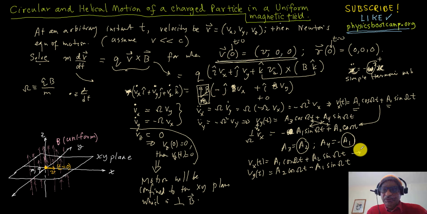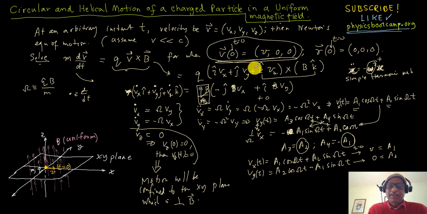At t equal to 0, this should be v, and this goes away. At t equal to 0, sine 0 is 0, so this just leaves a1, and the other one is equal to a2. So a2 is 0, a1 is v. Under this condition, we have an even simpler formula. Let's clean up and see what we get.